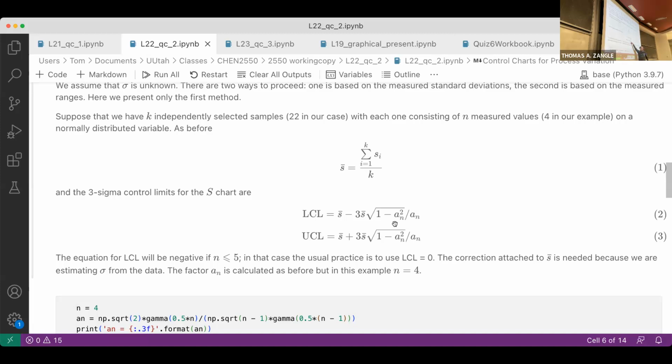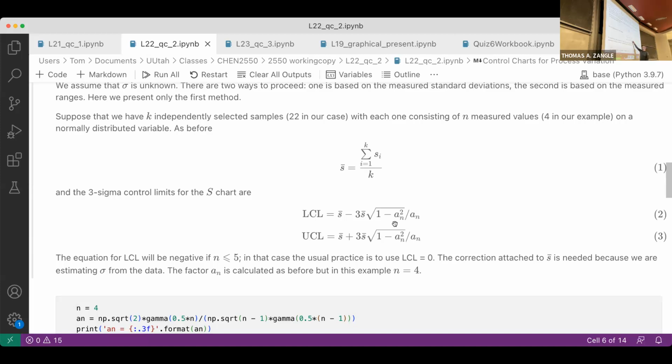This is based on the gamma distribution, which is related to the chi-square distribution, which we used in lecture 17 for inferences about variance. But in this case, we can just think of it as a correction factor that allows us to go from S bar to a better estimate of the actual population standard deviation. And so again we're using that A sub n, that correction factor.